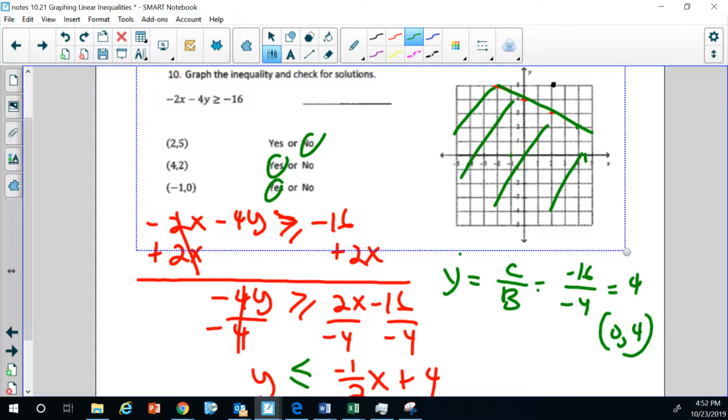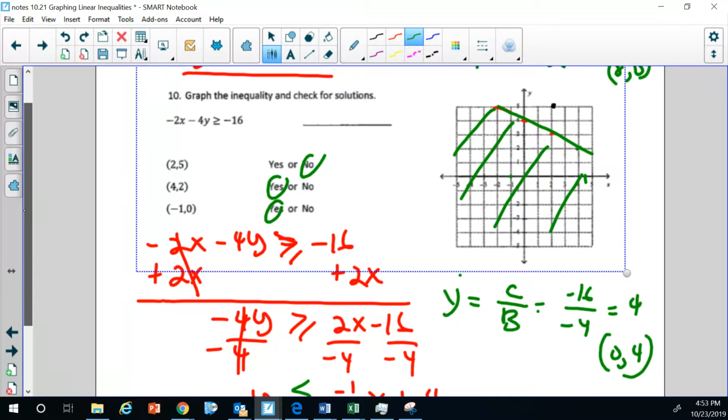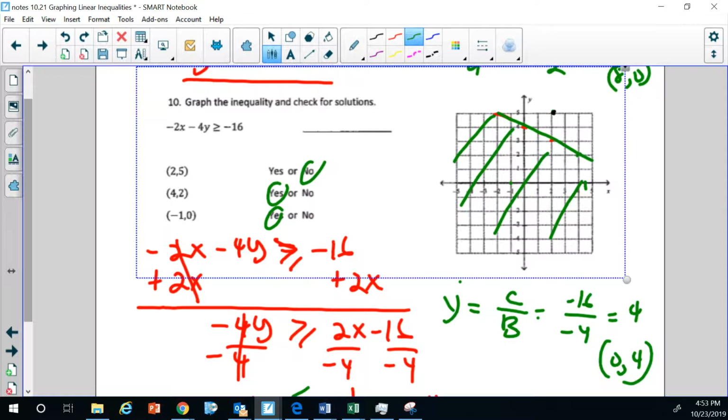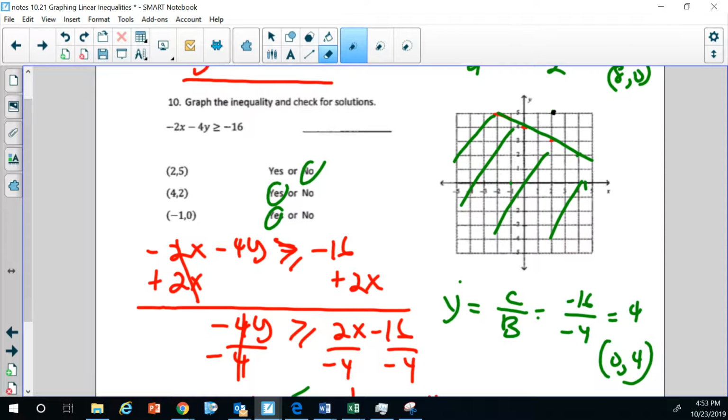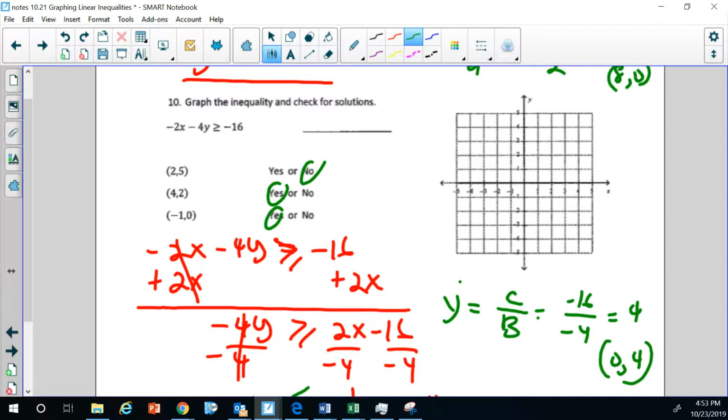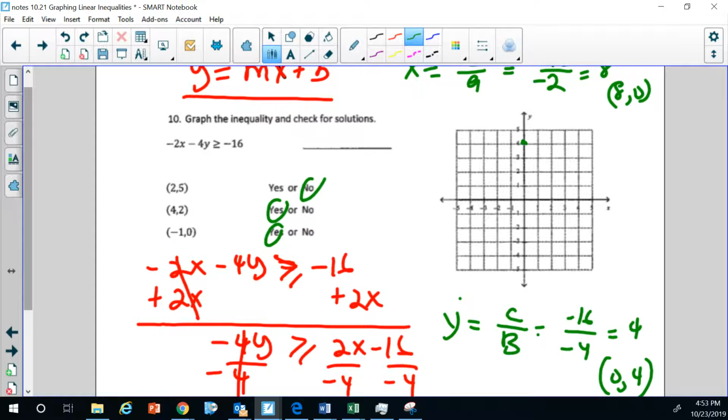Now I have 2 points I can put on the graph. So let me go back to the graph and clean it off. I have (0, 4), that's my y-intercept, and then my x-intercept we said is (8, 0).